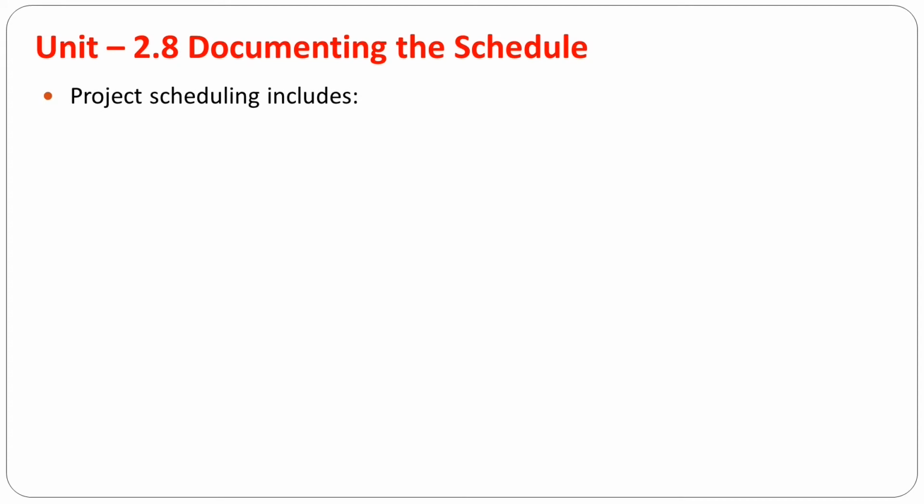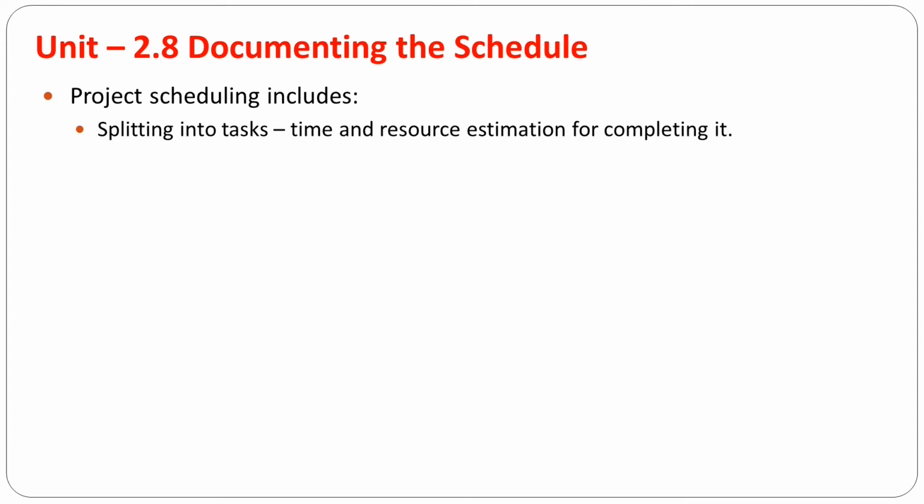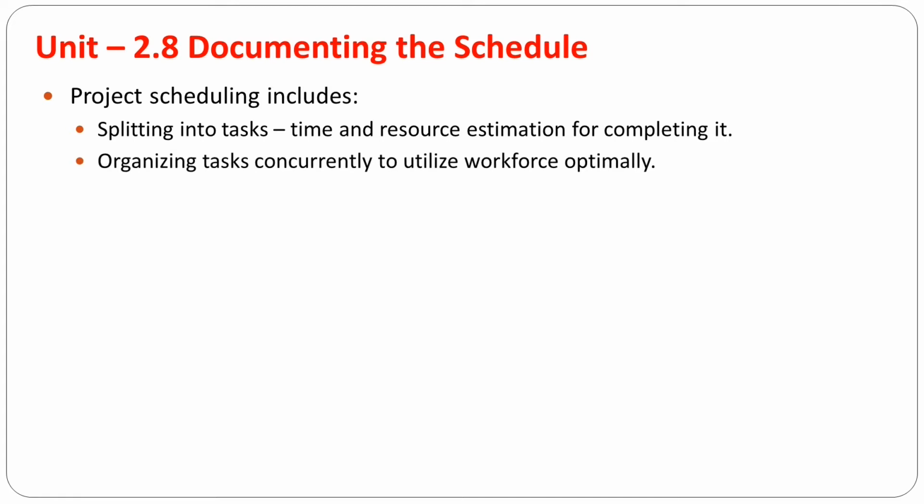Now, project scheduling includes splitting a particular project into different tasks. You have to divide your project or software into task 1, task 2, task 3. I will show you a diagram after this. Organizing tasks concurrently to utilize workflows optimally. It is not that if I am working on task 1, my task 2 cannot happen.